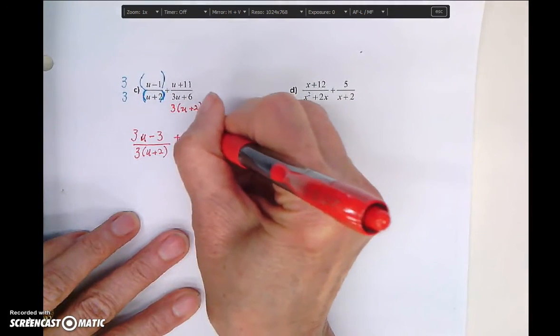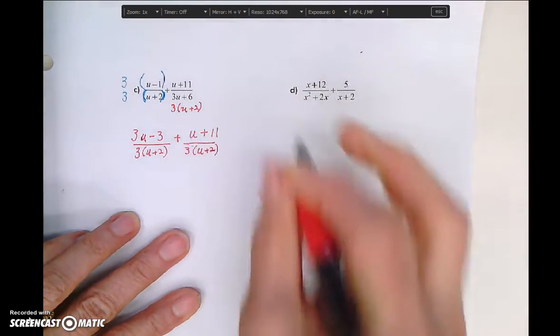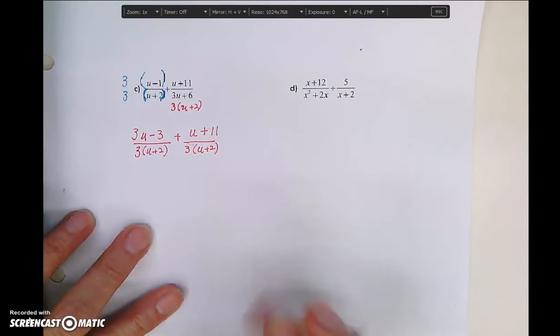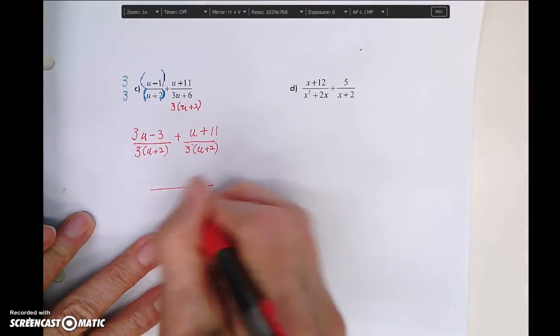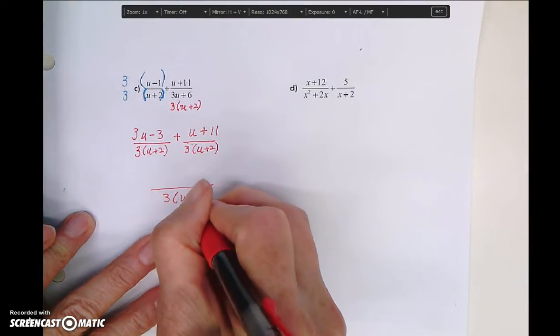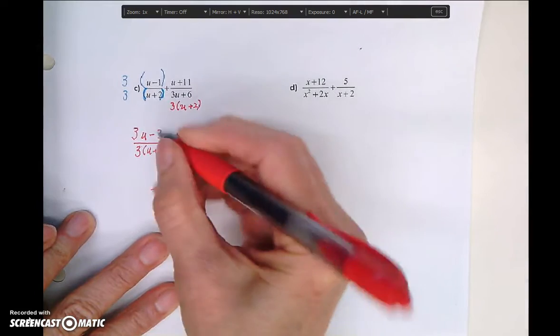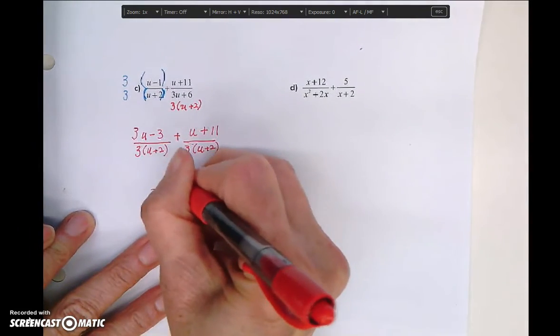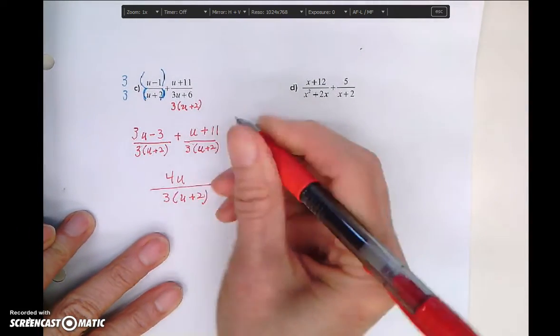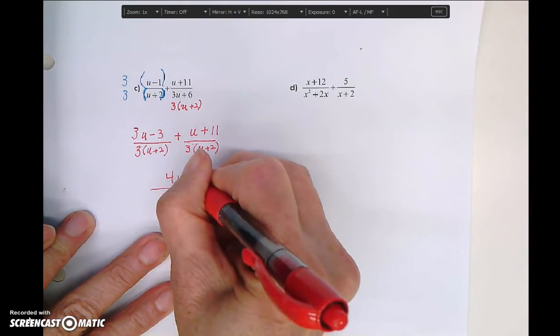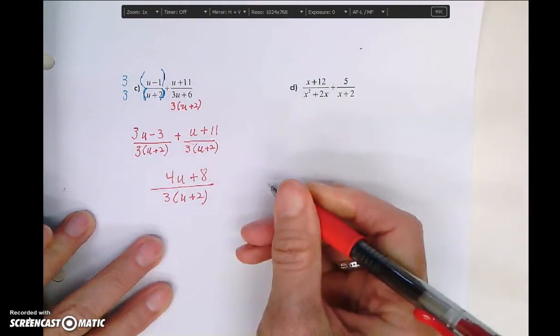I just keep that numerator the same, u plus 11. All right, so now my denominator, I'm going to keep it when I add and combine like terms in the numerator. So that's 3u plus u is 4u, a negative 3 plus 11 is a plus 8.